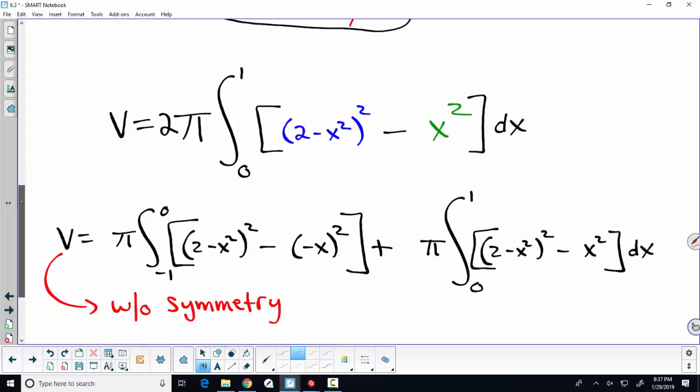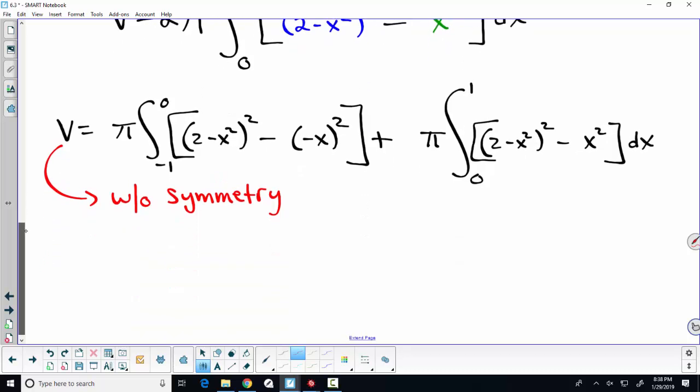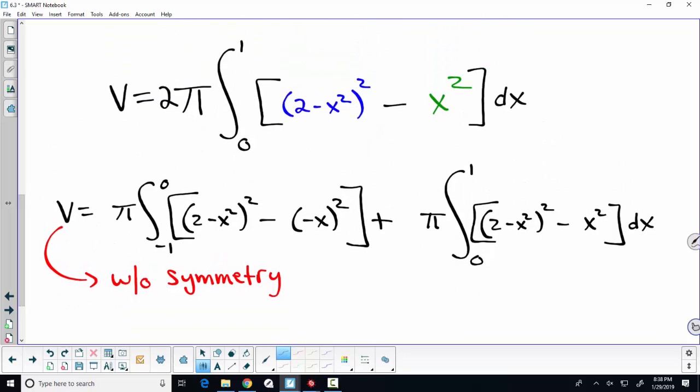All right, so the setup, most crucial thing. Of course, there's room for error when you're integrating these types of things, but is everybody okay with the setup? Same idea, expand, combine like terms. You're going to have what they call a quartic function, x to the 4th. Still a polynomial to integrate. 76 pi over 15.